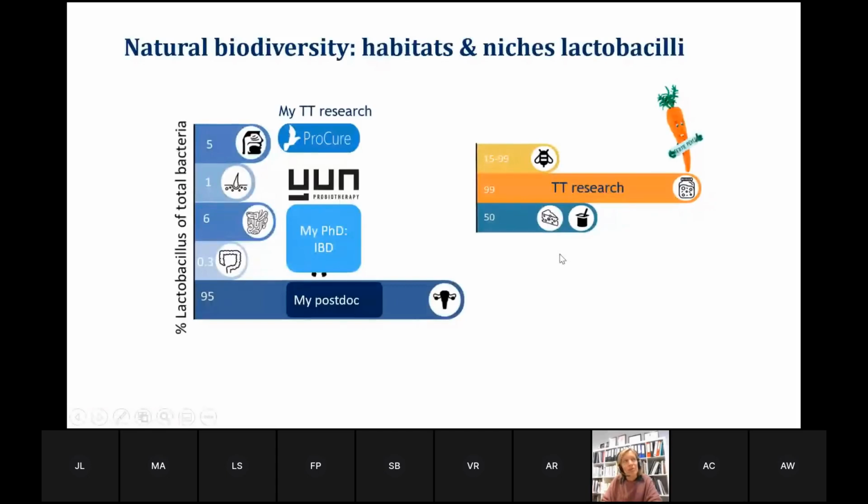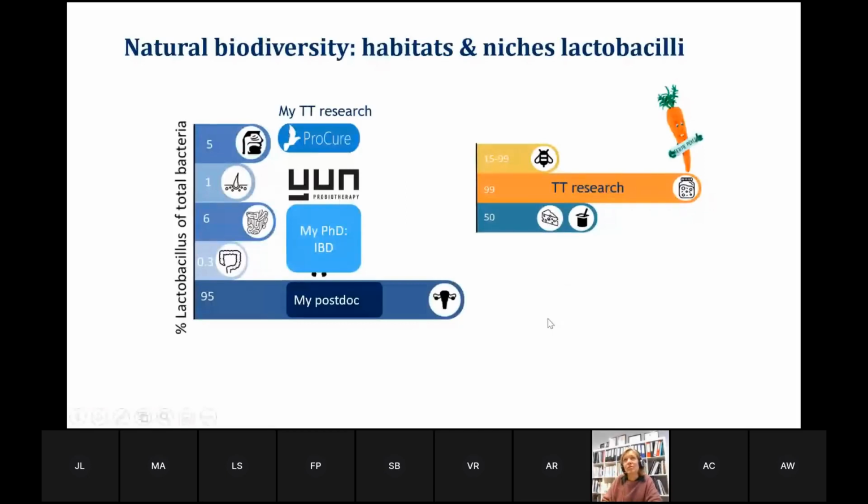So then when I had the opportunity to apply for an ERC grant, I thought, we see lactobacilli in so many different environments and habitats. Then there are different species prevalent in these different habitats, but the picture is not so clear.